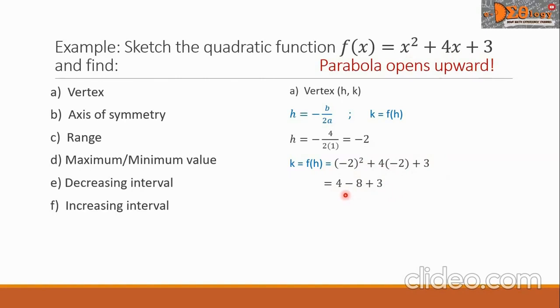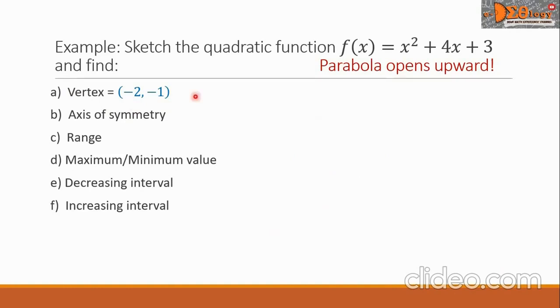Simplifying this, we have the answer k equals negative 1. It means we will write the vertex as an ordered pair. It is negative 2, negative 1. We will copy this value opposite letter A in here. So we have now the answer for the vertex.